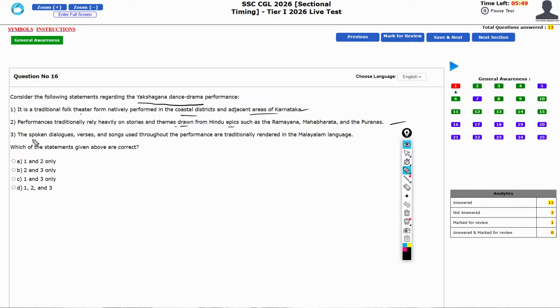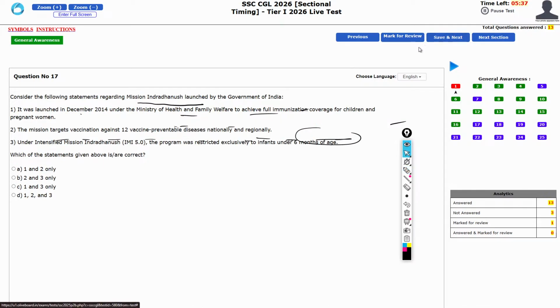Okay, makes sense. Spoken dialogues versus songs used throughout the performance are traditionally rendered in the Malayalam language. So Karnataka, Kannada. Why would Malayalam come? So definitely three is incorrect. So one and two.